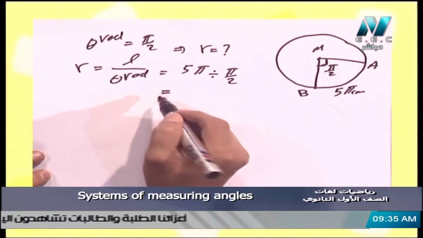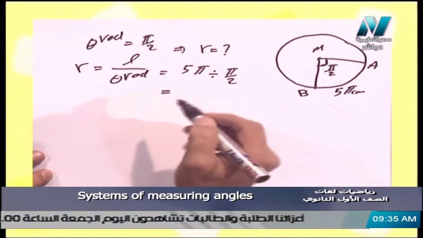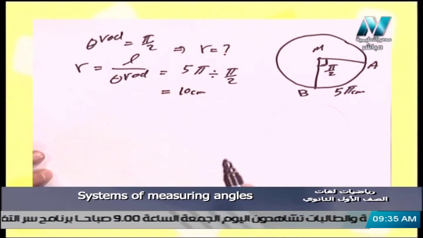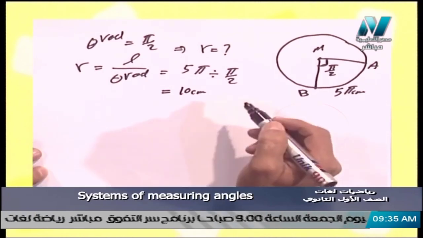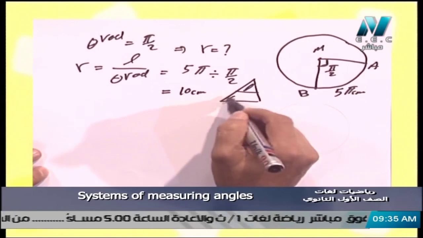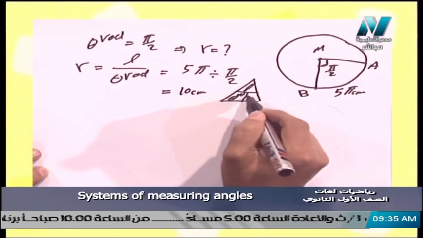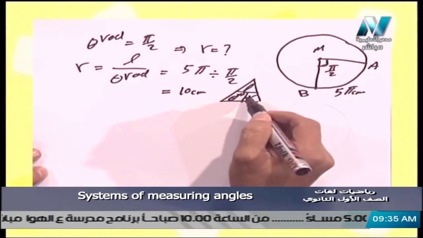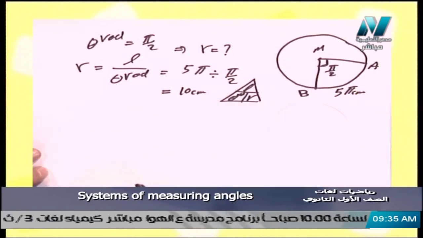So the radius here will be equal to 10 centimeter, because we know that in the magic triangle here is L, theta rad here, and r is here. To find r, we divide L by theta rad.